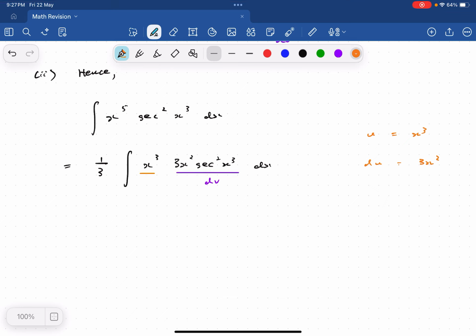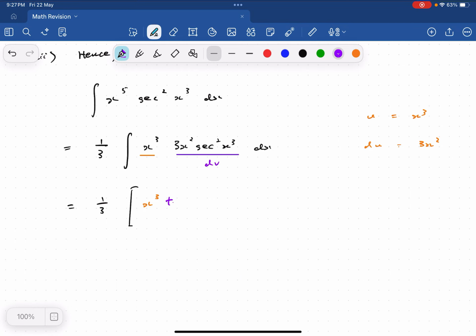Ah, okay, this is how they want us to solve the question. So therefore, by integration by parts, I keep my 1/3 out of my integral. It's going to be u v. V is tangent x cubed minus integrate v du.